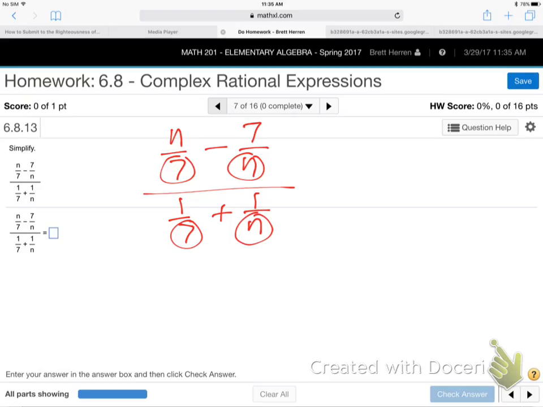So 7n. 7n is your common denominator, isn't it? All right, so multiply everybody by 7n. 7n, 7n, 7n. Put it over 1 if that helps.